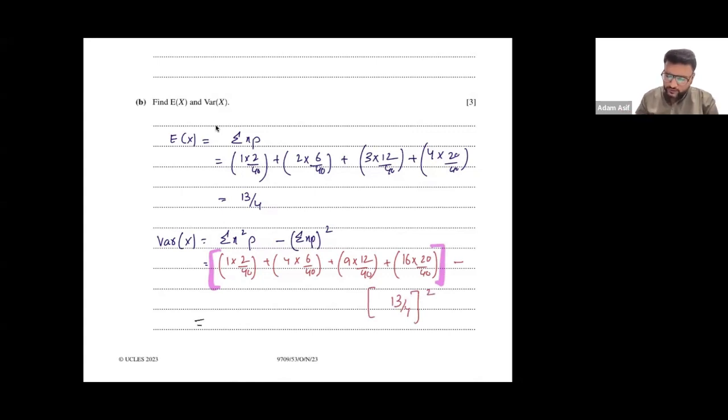Solving this will give us the value of the variance. So the variance comes out to be 63 upon 80, that is 0.7875. This is E of X and that's the variance.